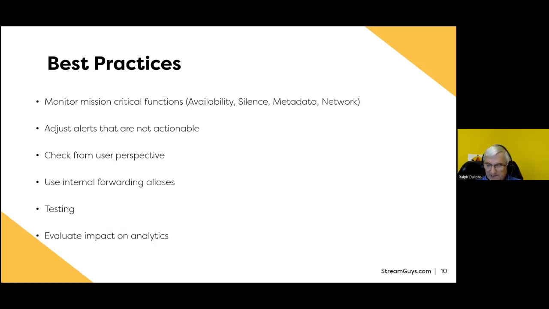Next, we want to eliminate the noise, so you're only notified when there's something to do. That means adjusting or removing alerts that are not being helpful. That might include blacklisting test streams automatically being picked up in the SG alerts. Silence monitoring often must be tuned to the right loudness and duration.